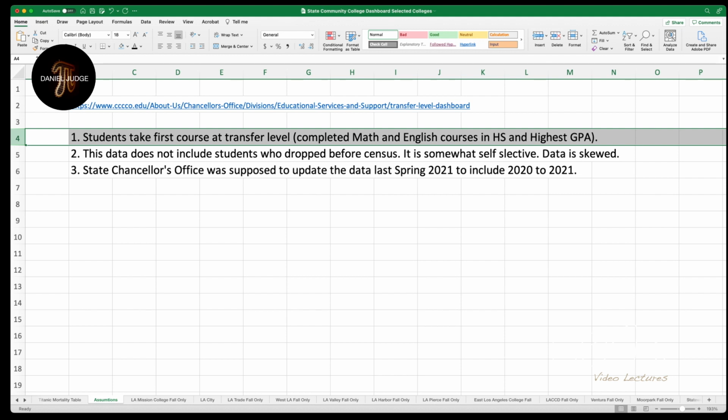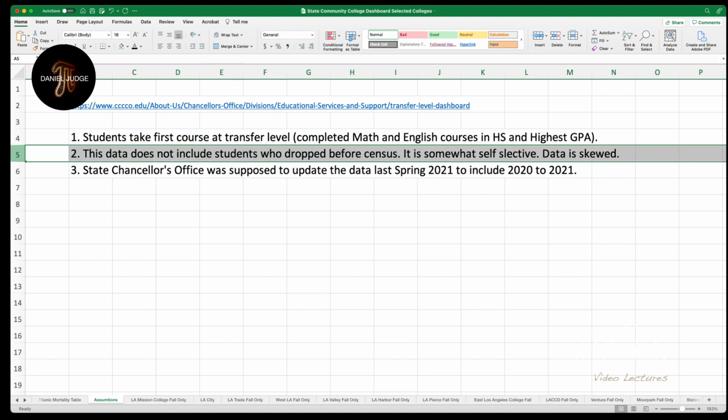That's an important detail. The second detail is that this data does not include students who dropped before census. They didn't include people who maybe said, I walked in, looked at the syllabus, started the course, this is beyond my abilities possibly, and simply dropped before census, they're out.